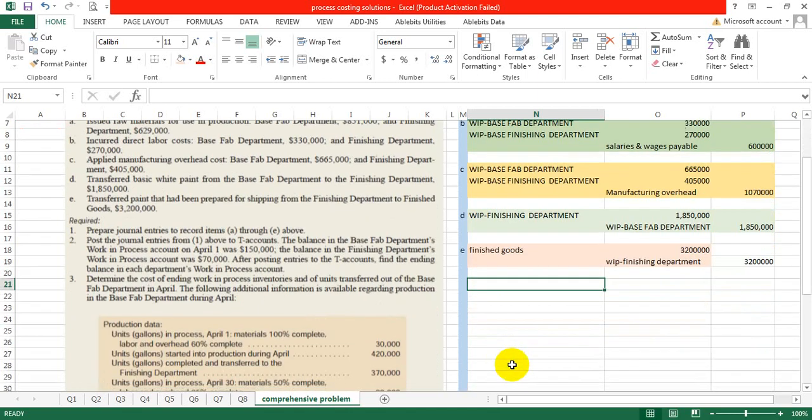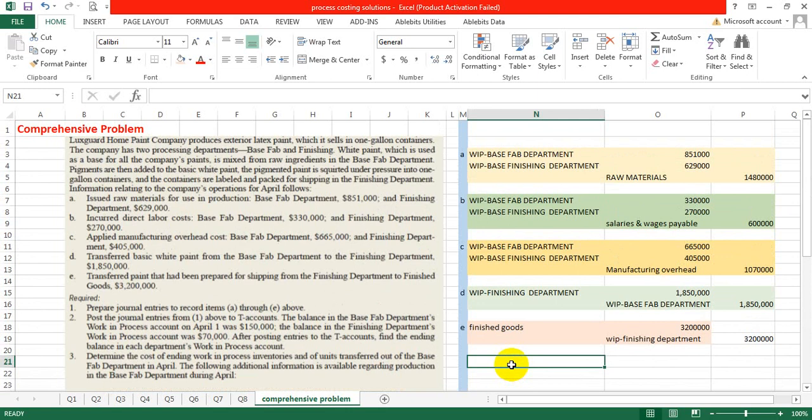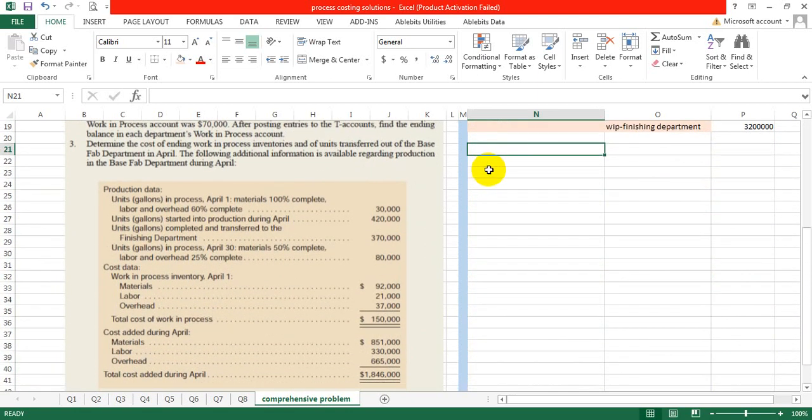In T account, first create T, raw material, salaries and wages payable. Again T account, first we will prepare the T of raw material.